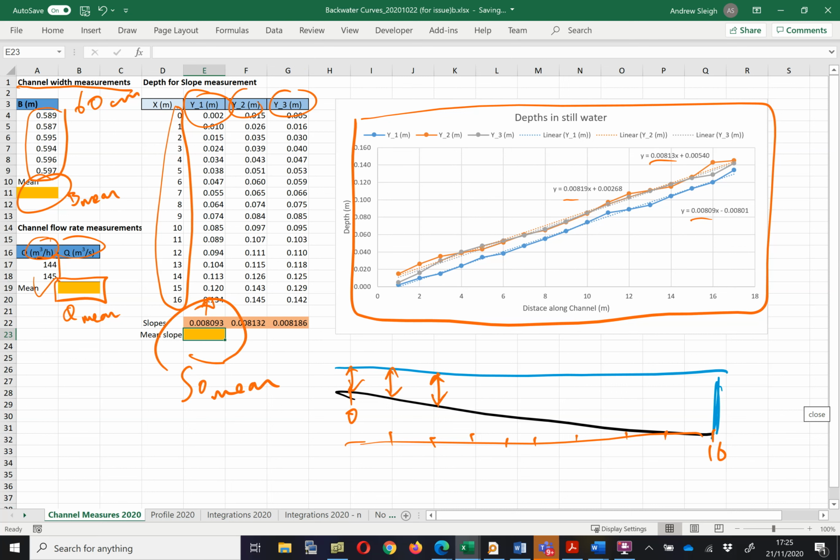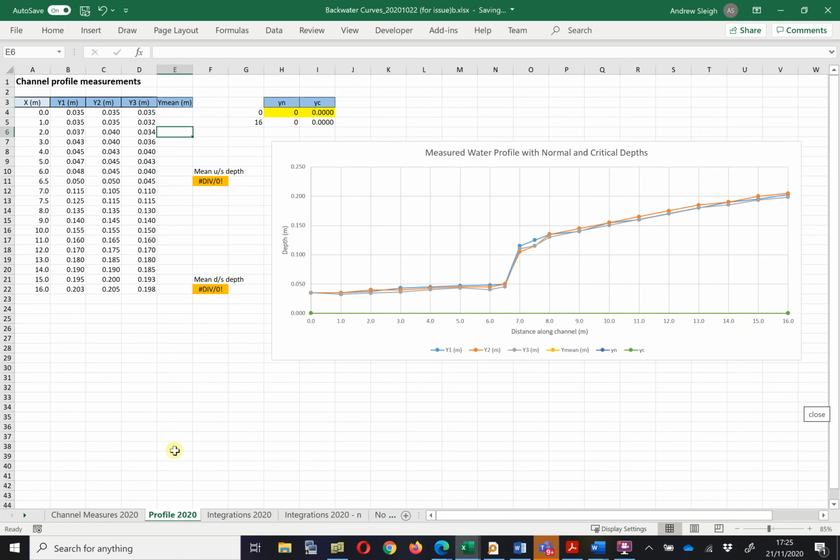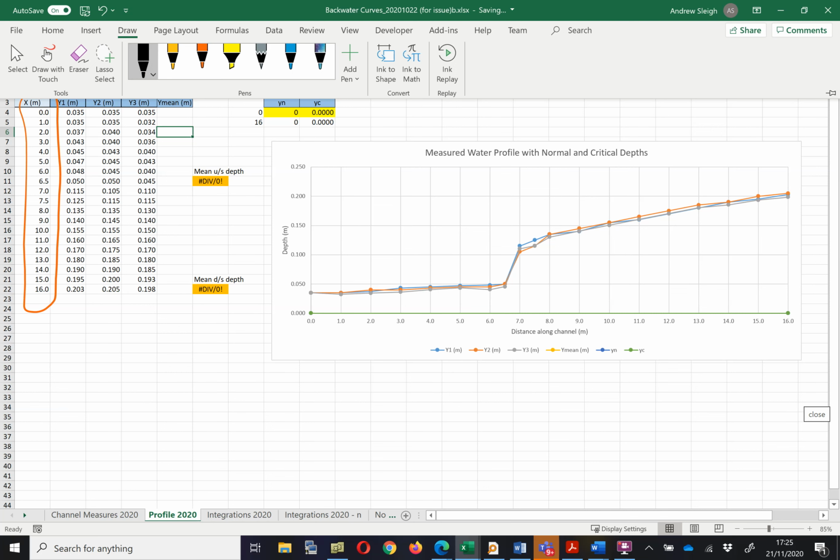So that's the raw data for the channel before it's flowing. Then we undertook some measurements during the actual experiment, and I plotted a bit more of the data for you here. Again, we measured data along the channel at 17 points. Let me just draw the channel again.